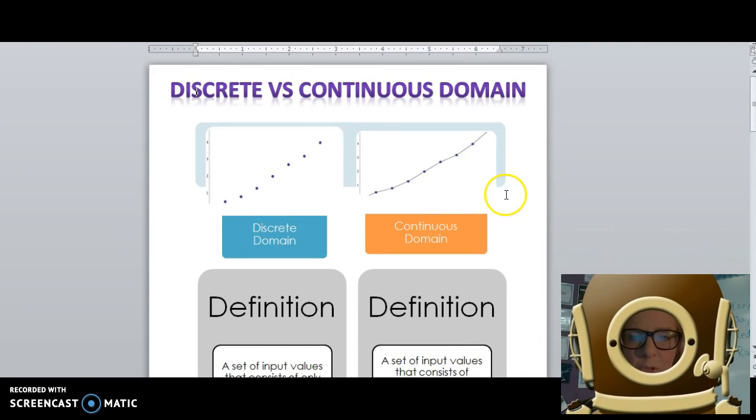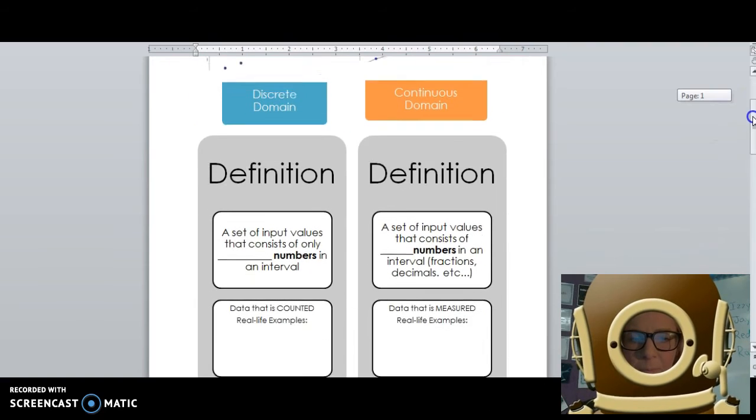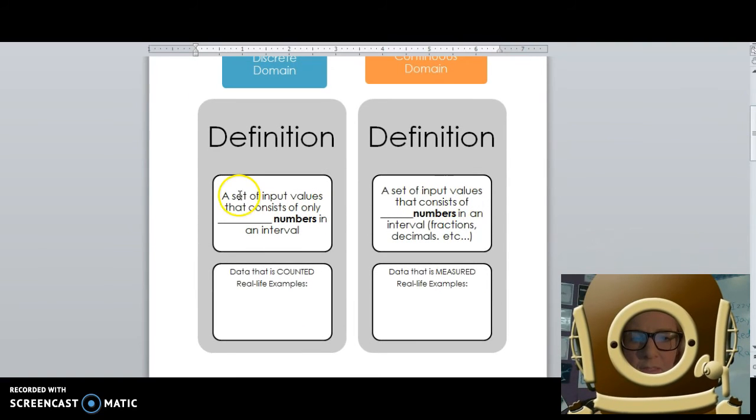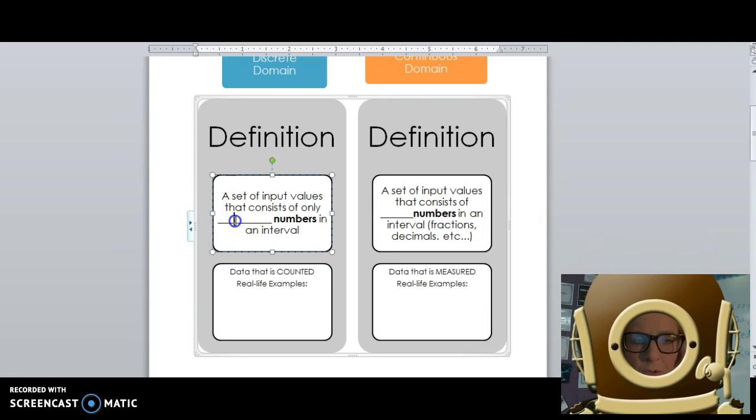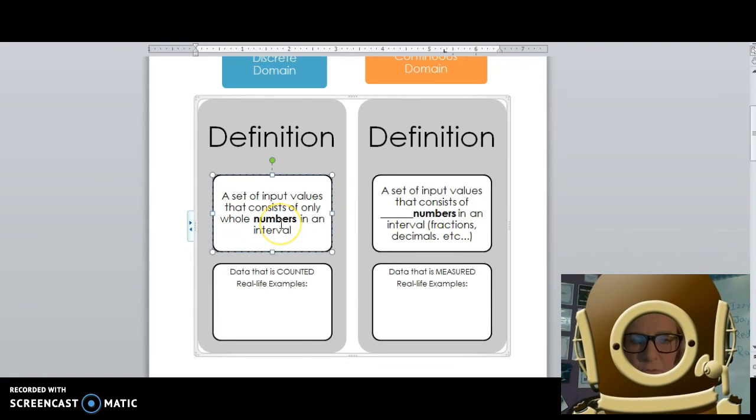At this point, what I want you to do is fill in this side of the graphic organizer. So a set of input values that consists of only whole numbers in an interval. So that means it's the data that can be counted. A discrete domain is data that we can use that can be counted.